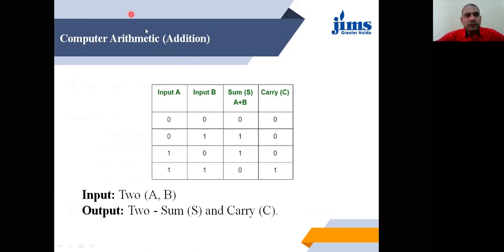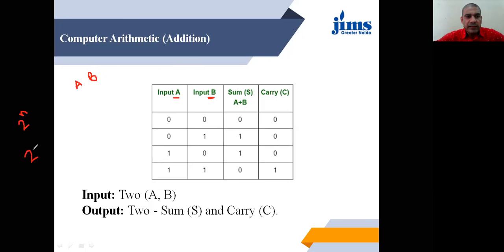If we have two numbers A and B, first of all, we will try to understand the concept behind addition and subtraction. As I discussed earlier, the total possible combinations are 2 raised to the power n, where n is the total number of inputs.